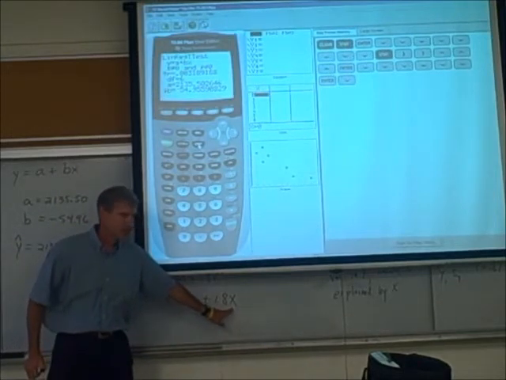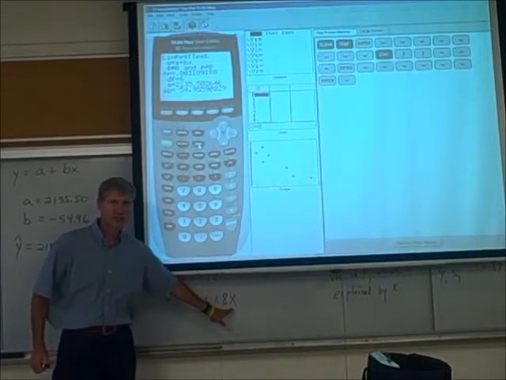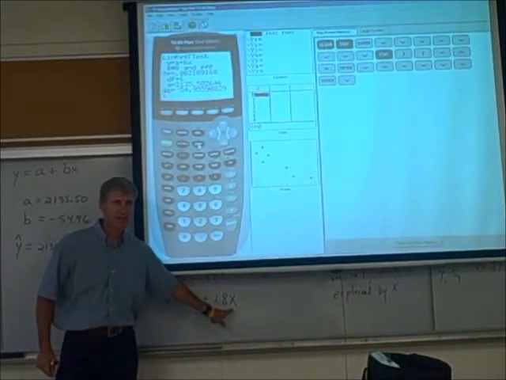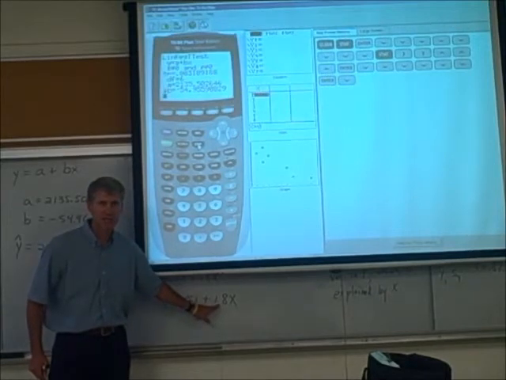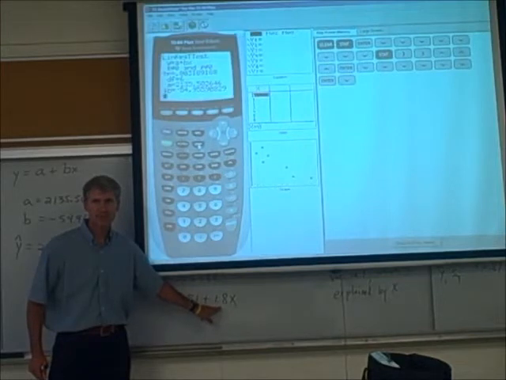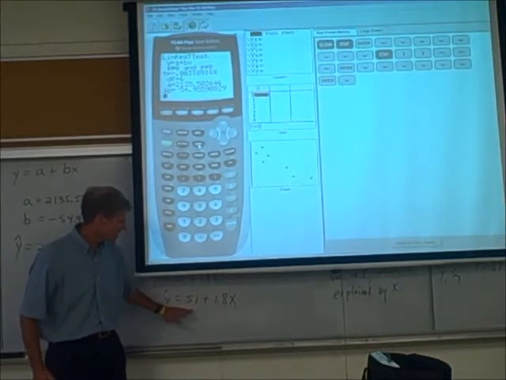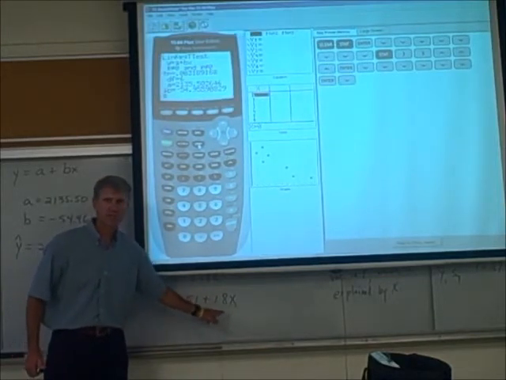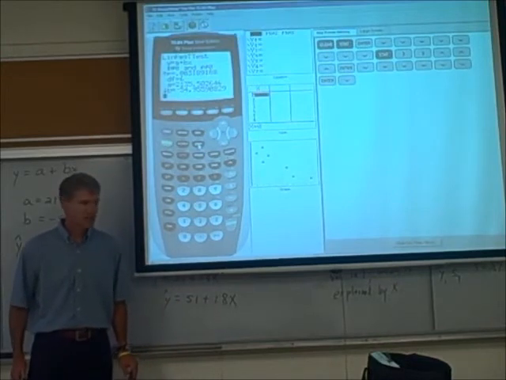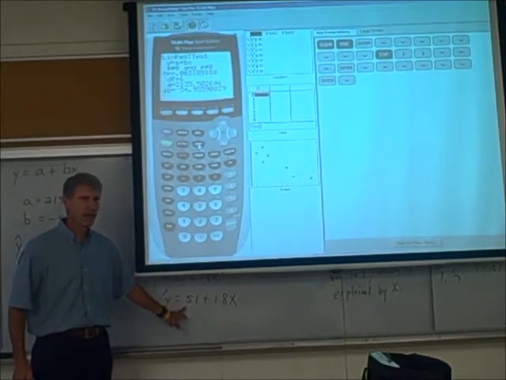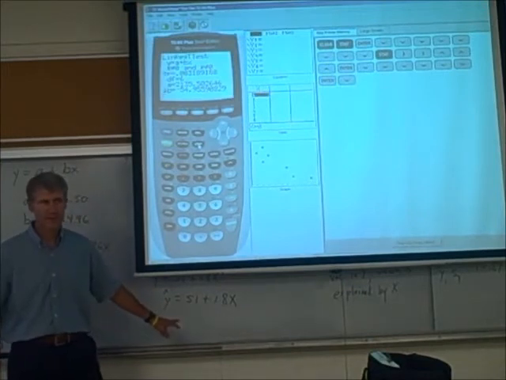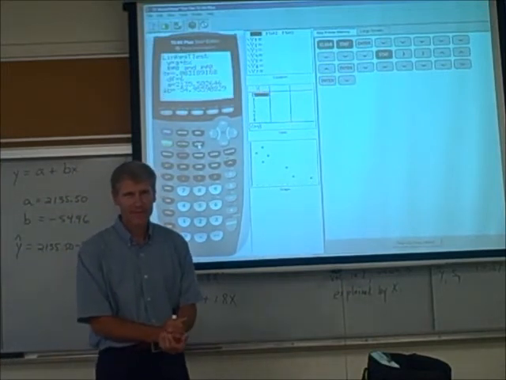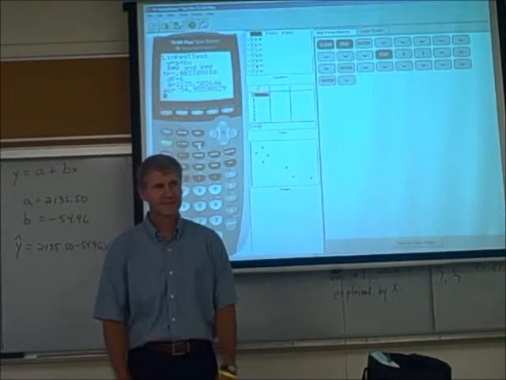For every 1 unit increase in shoe size, so like from a size 8 to a size 9, you'd expect that person to be 1.8 inches taller. Got it? So it's a rate of change. It's the change in y per unit change in x. The intercept is the value of y when x is 0. Got it? See how easy all this is?